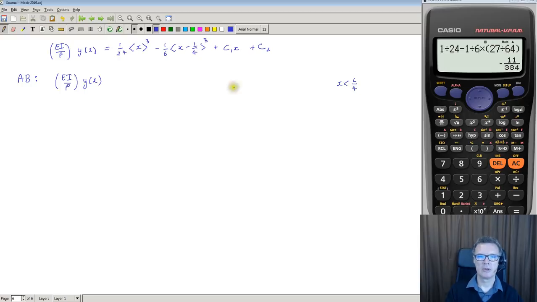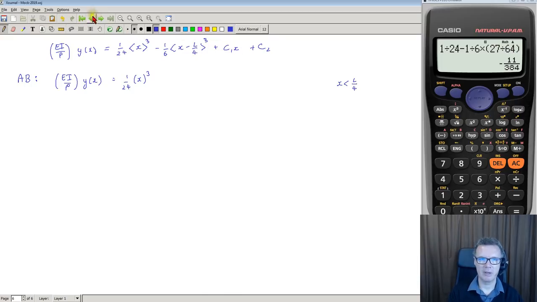So here we know if we substitute in the value of x less than that, this will still be a positive number. So 1/24th. And then convert your triangle brackets to a curved bracket. Here, if you put in x is less than L over 4, this becomes a 0. So that term we ignore.